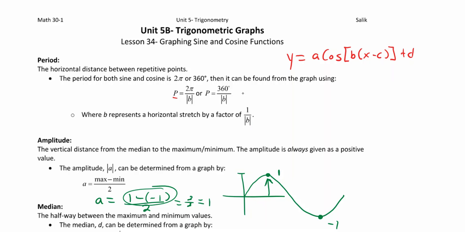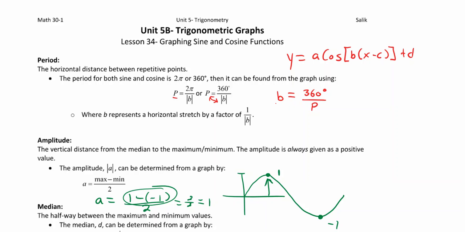Now, to give you an idea why this equation works, I just want to rearrange it a little bit. Let's switch the b value. Let's say b, and I'll drop the absolute value bars for a second, is equal to 360 degrees divided by p.